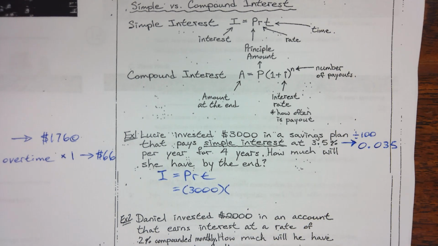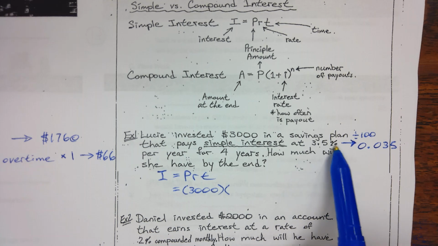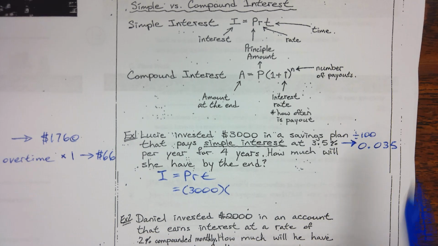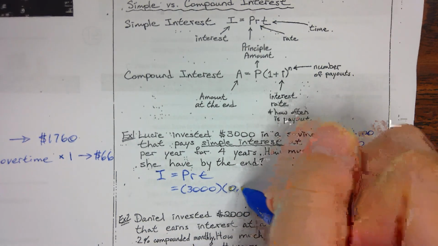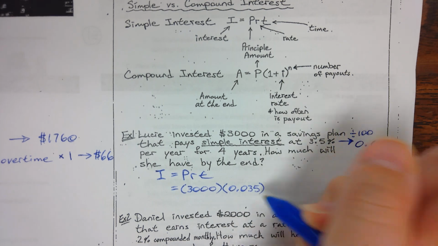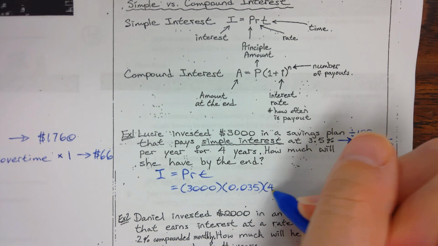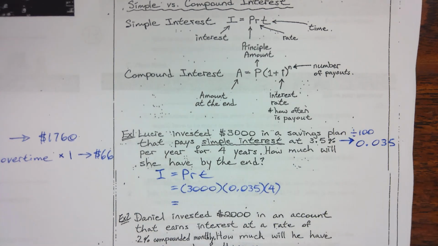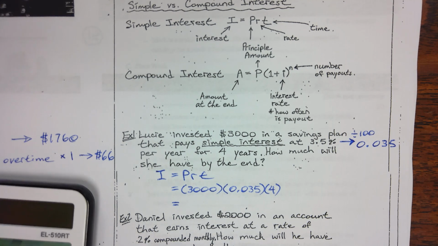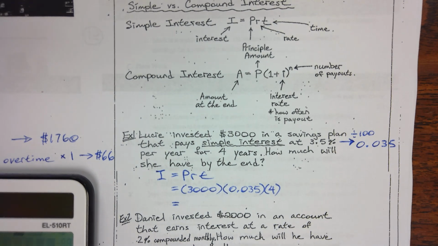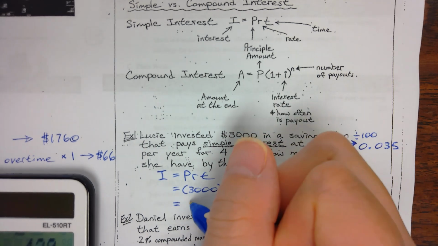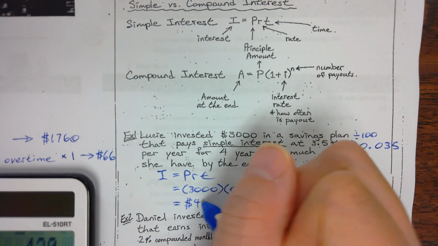Remember, percentage, you have to change it to a decimal. And how long did you put that money in for? 4 years, so times it by 4. Do it on your calculator. 3,000 times 0.035 times 4 is $420.